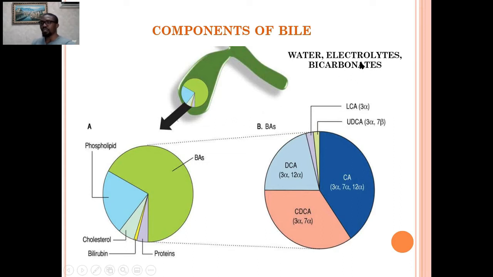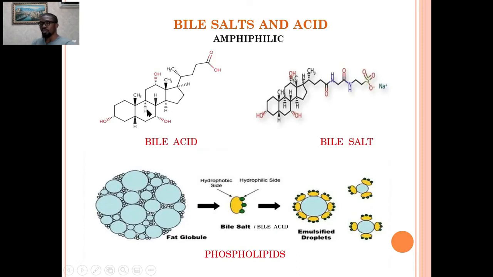So bile salts and acids are mainly a product of cholesterol metabolism. The acid looks something like this, and the salt, which is the anionic form, would look something like that. As you may recognize, both the acid and its salt have hydrophobic and hydrophilic parts. So this makes them amphiphilic.